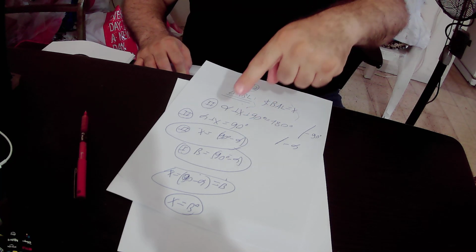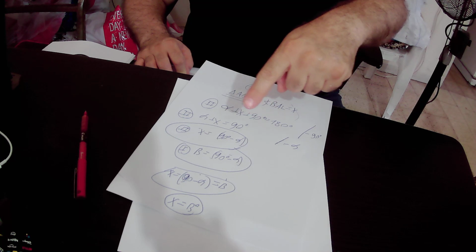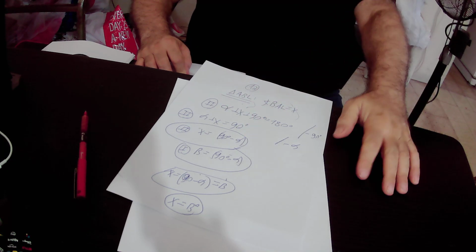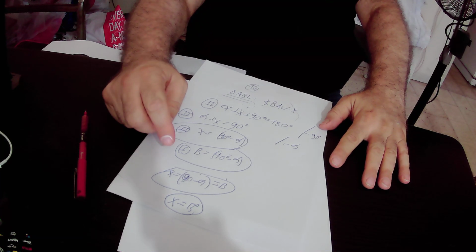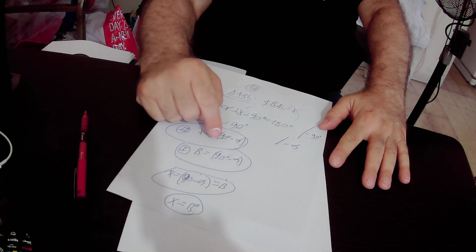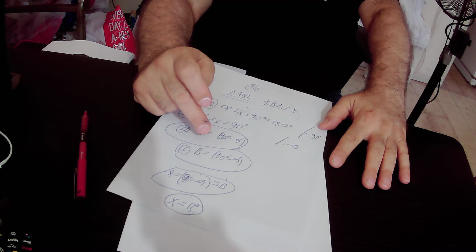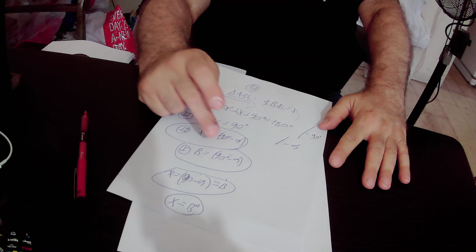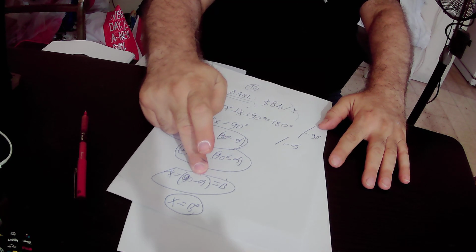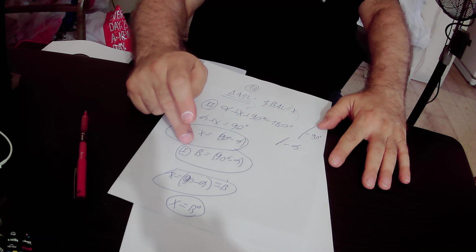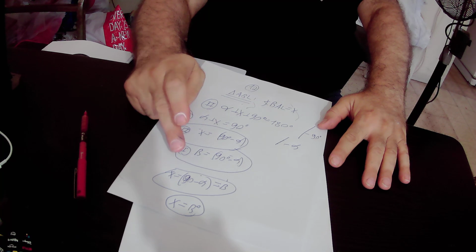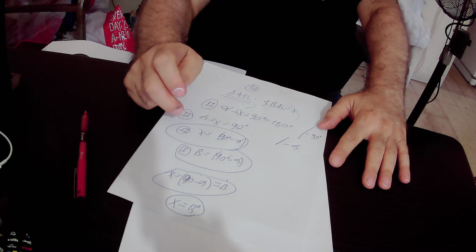But from equation number 1 we already know that beta also equals 90 degrees minus alpha. So according to equation number 1, 90 degrees minus alpha equals beta, and according to equation number 2, x equals 90 degrees minus alpha.